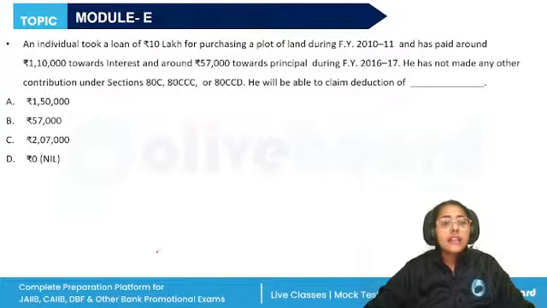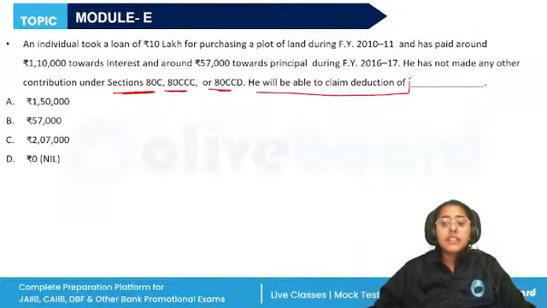Next, an individual took a loan of rupees 10 lakh for purchasing a plot of land during financial year 2010-2011 and has paid around 1 lakh 10,000 towards interest and around 57,000 towards principal. However, he has not made any contribution under section 80C, 80CCC or 80CCD.